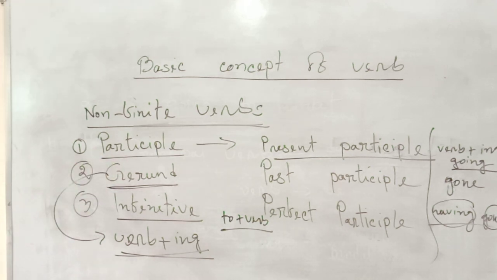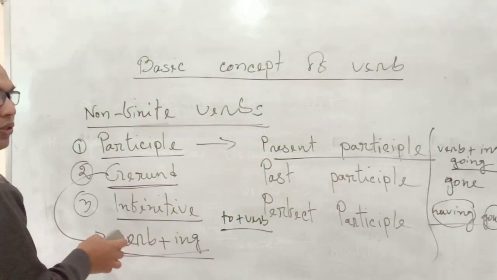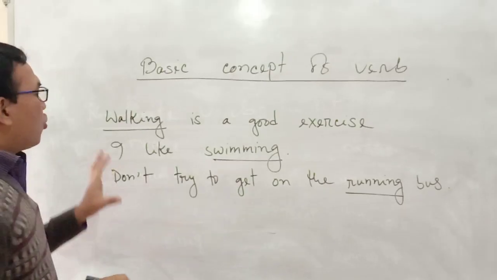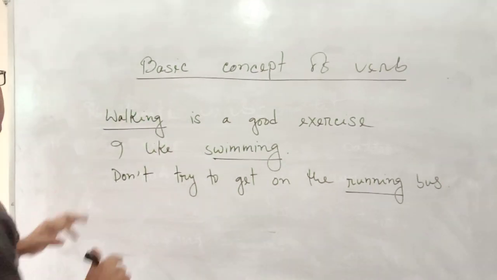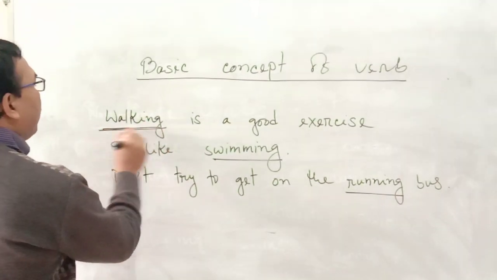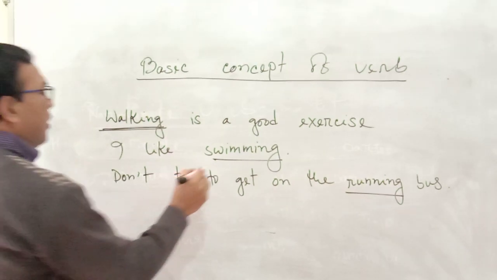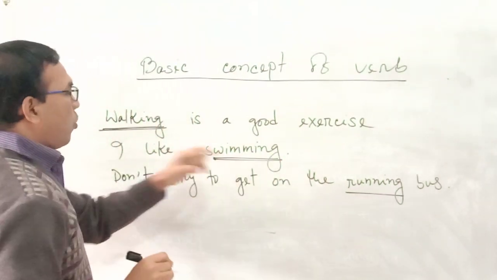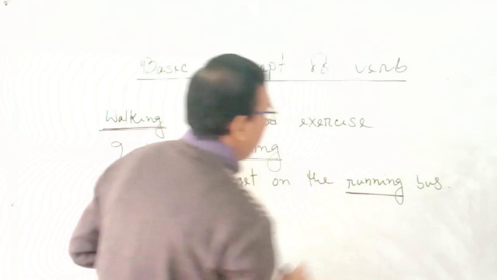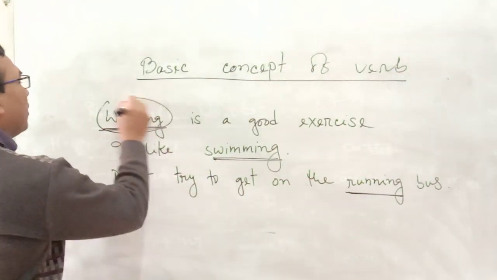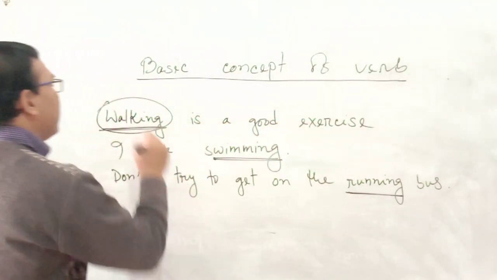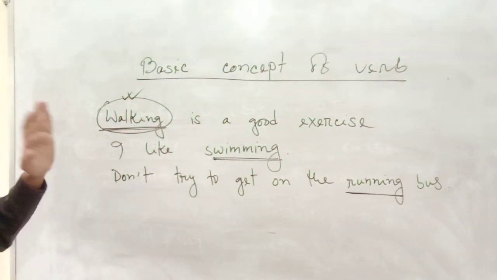To make it clear, I am giving some more examples. So my dear students, here you find three sentences, and here you find the verb with ing: walking, swimming, and running. Walking is a good exercise. This has been used as the subject of the sentence.